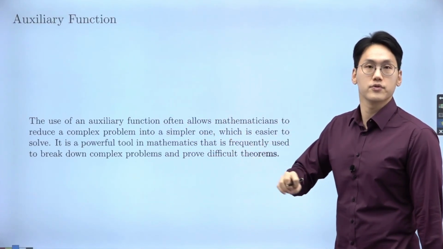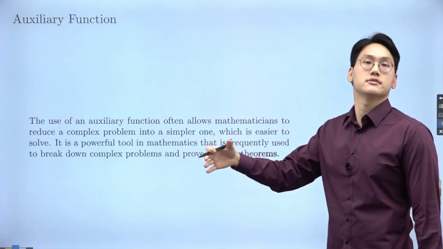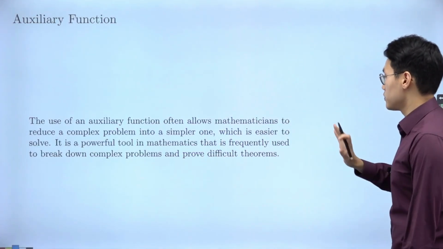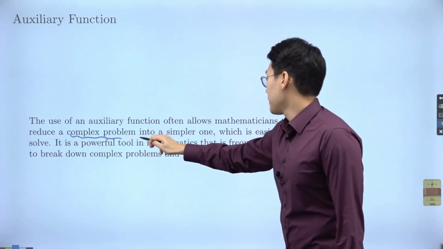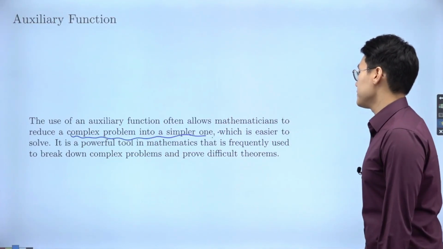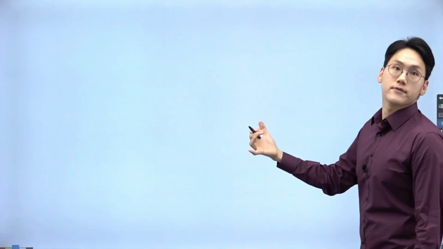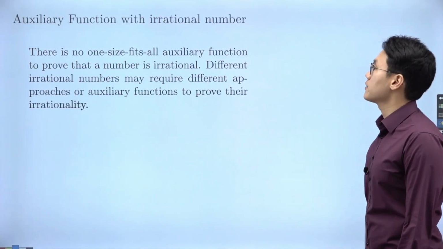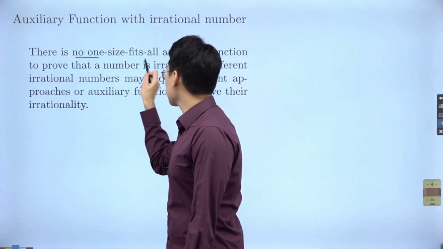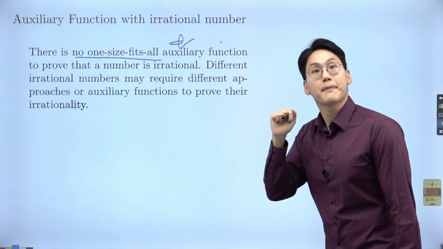It really depends on the number that you want to prove, and on the type of function. So yes, it makes a complex problem into a simpler form, right? But there's no ultimate function. It really depends on the number that you want to explore and on the context. There's no one-size-fits-all auxiliary function. It really depends, you see.